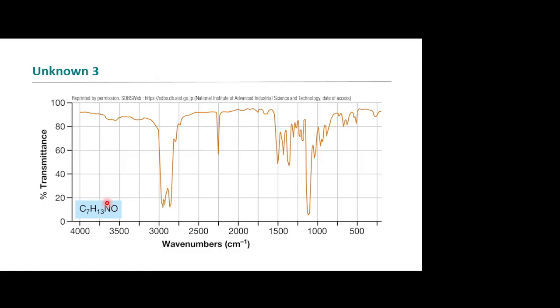So they're not just an extension, they're an addition. And so we would go 2 times 7 plus 2, that'd be 16. That gives you a 3 so far, hydrogens that we're short. And then we'd have 1 more hydrogen we'd be short because of the nitrogen, because nitrogen gives you an extra spot. And so that would then be 4 divided by 2, which is your IHD number. That makes sense?